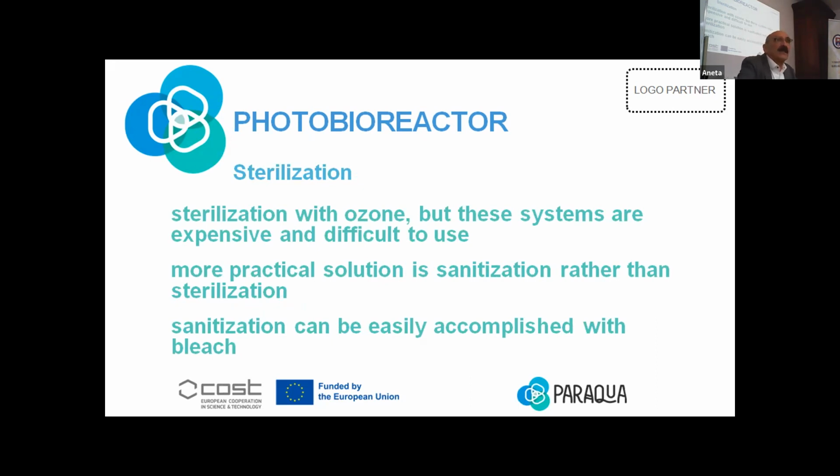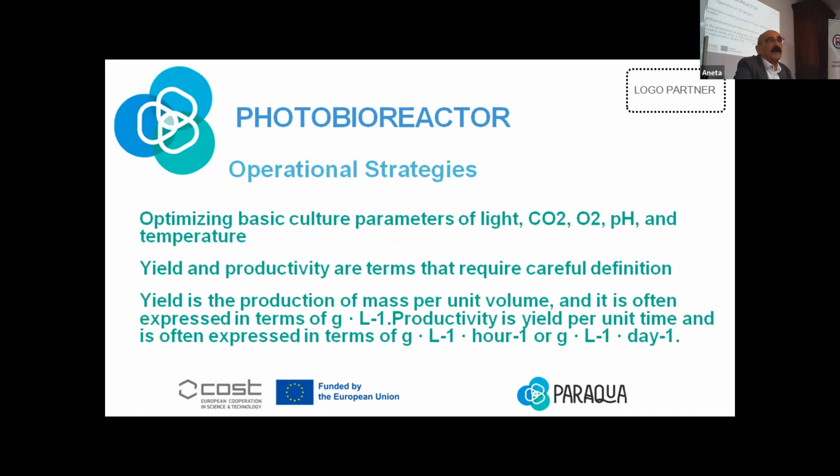So it's expensive and difficult. It's better to sanitize, and it's very easy to do that with bleach, or with steam. If you use bleach, you have to dechlorinate, or like Anna said, you have to bubble air in for some period of time in order for the chlorine to evaporate into the air.